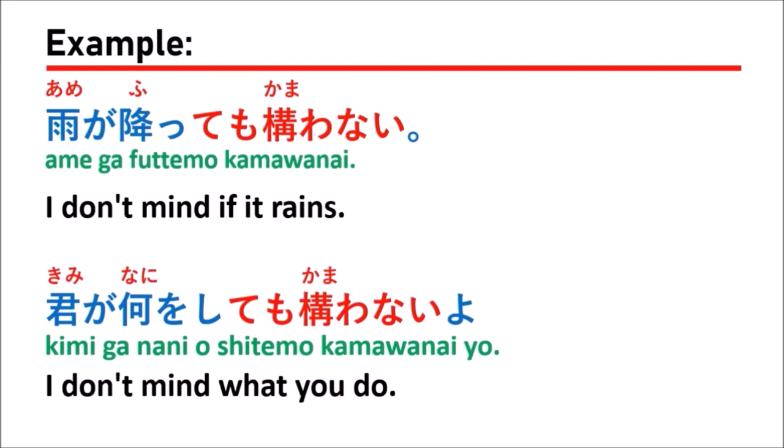For the second sentence, you see that they use the verb suru. When you change to the te form, it becomes shite, and after that followed by mo kamawanai. So we say kimi ga nani o shite mo kamawanai yo, which means whatever you do, I don't care, or whatever you do, I don't mind. It just depends on you.